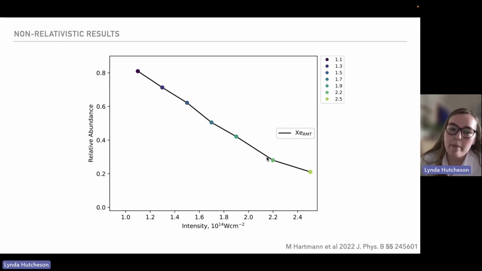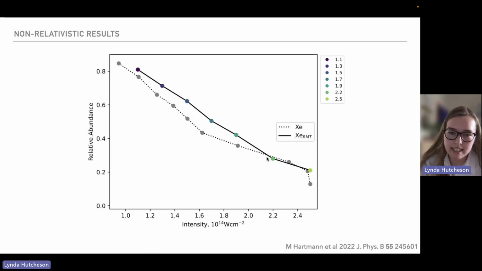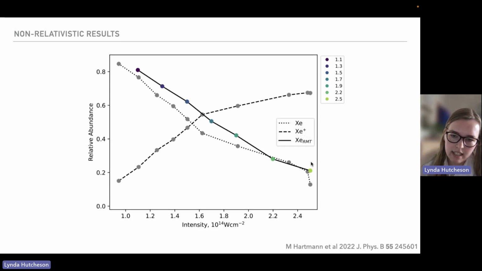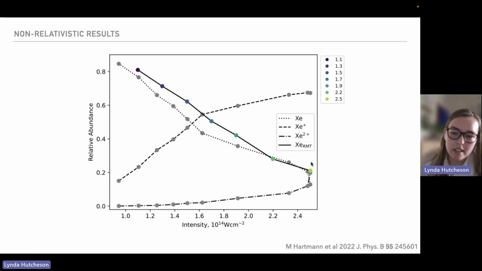My experimental colleagues did some clever things, and they were able to get the same from their experimental data. And you can see we get the same sort of trend with the experimental data, but there seems to be a systematic shift between the two until you get to the highest laser intensities. This is explained by looking at the population of singly ionized xenon and doubly ionized xenon in the experiment, that's singly ionized and then doubly ionized.